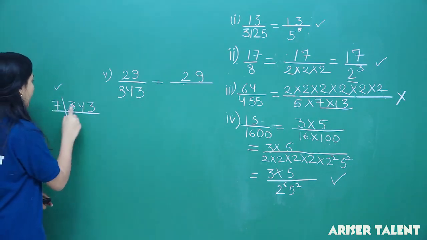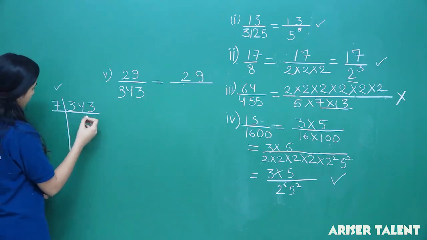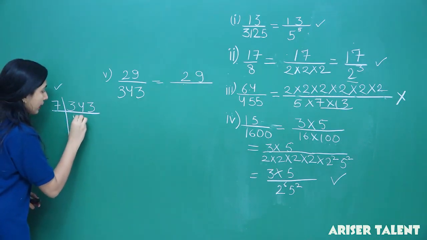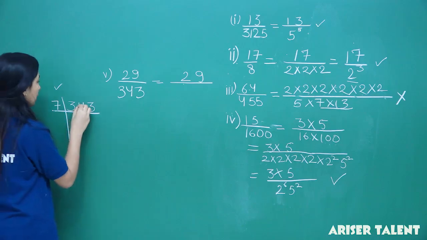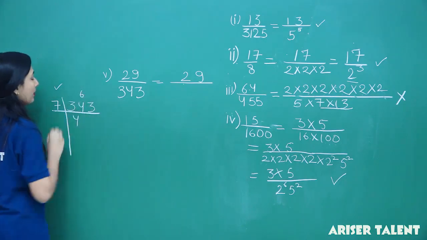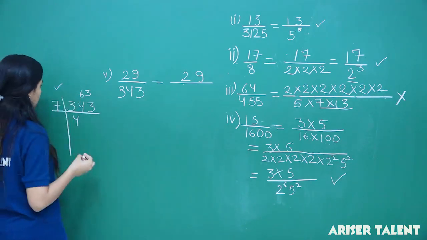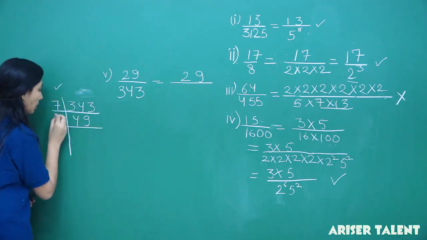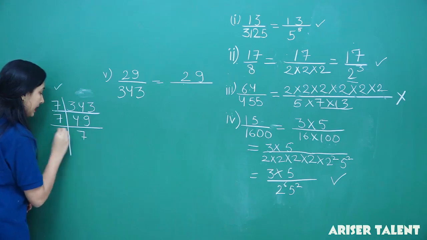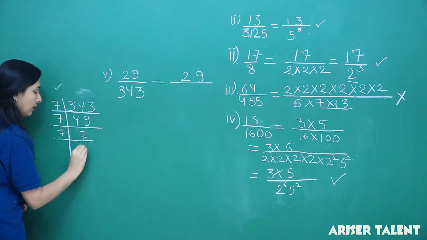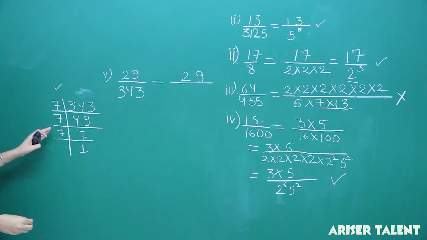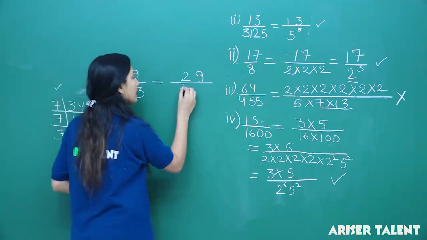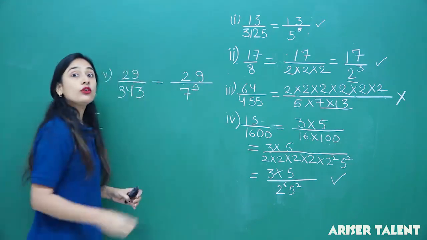Let's try 7: 4 times 28, 3 remaining, 63, 9 times. Okay. Now 7 times, again 7 1 time. So it will be 7 multiplied by 7 multiplied by 7, that is 7 raised to power 3.